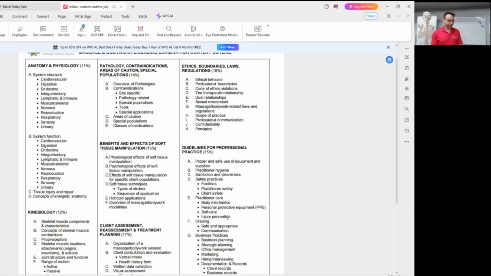Effects for client manipulation on special populations kind of goes along, see how, again, it all interrelates, right?